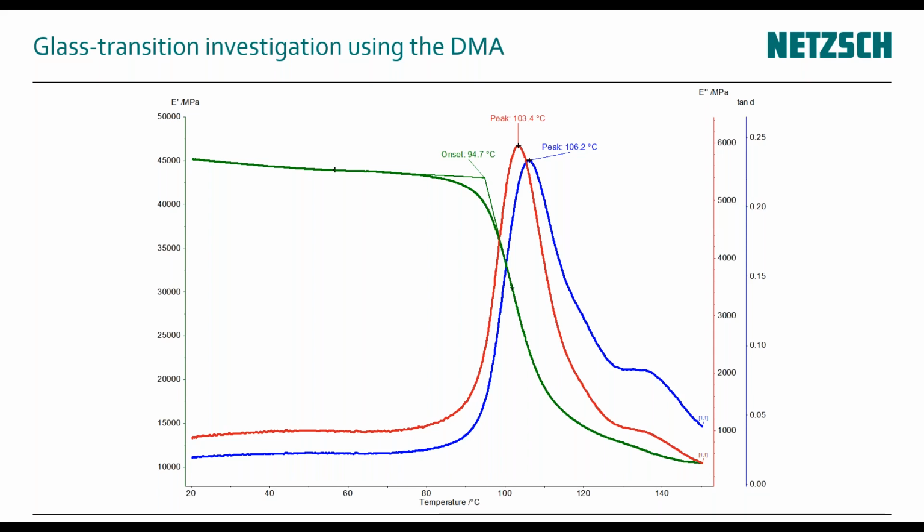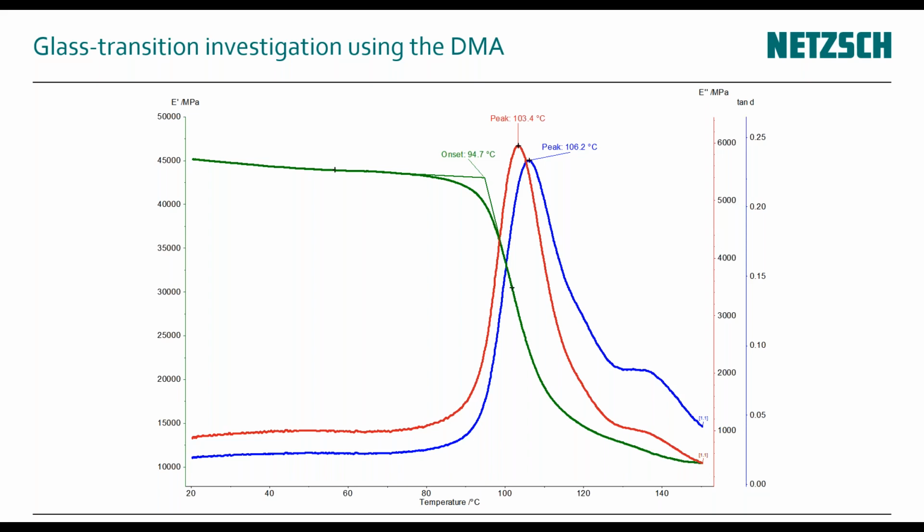This is one and the same sample. And you see, just as I talked about earlier, you see nothing else but the glass transition. We can evaluate three glass transition temperatures. For the green curve, the storage modulus E prime, you see a drop with an onset at about 95 degrees.